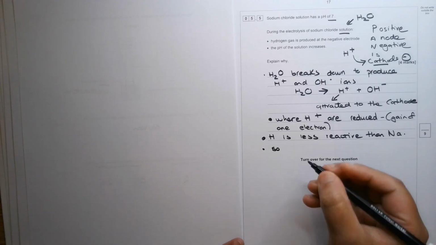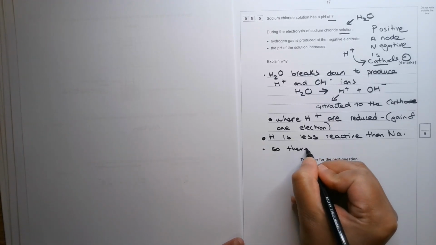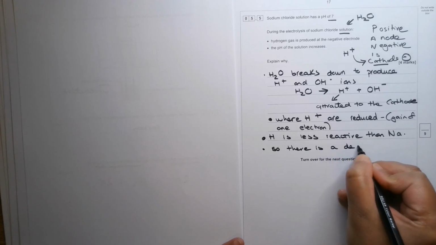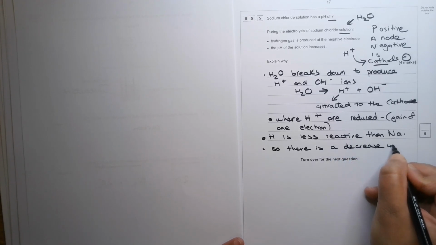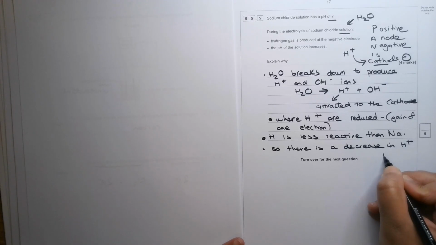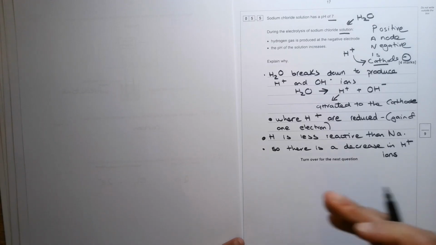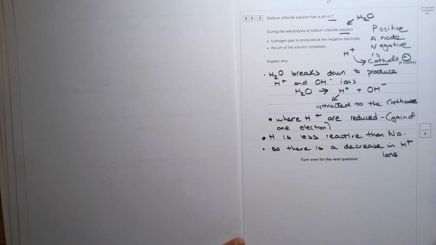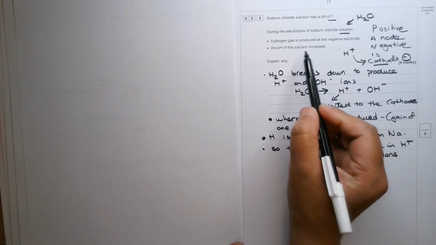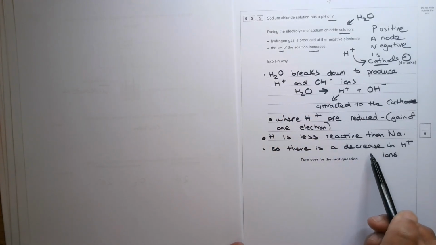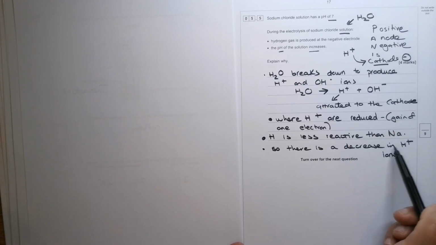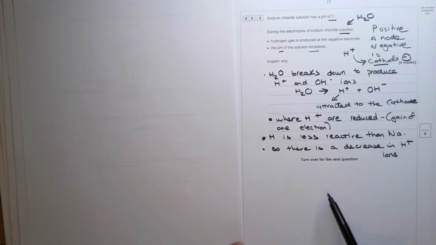So there is a decrease in H plus ions, or you can say there is an increase in OH minus ions, one or the other. And obviously that will then explain the pH increasing. Can't decrease because I've got less concentration of H plus ions. That should get you 4 marks for this question.